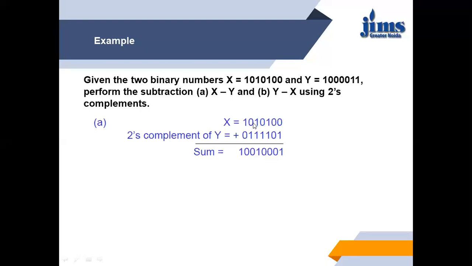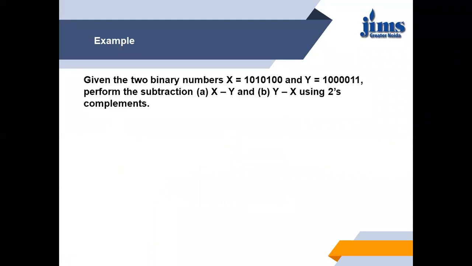If x and y both are of n bits, then the sum should be of n bits. Now in this case, when there is a carry, we just discard the carry, and the final answer will be x minus y equals 0 0 1 0 0 0 1. Is that clear? Yes, sir. Okay.